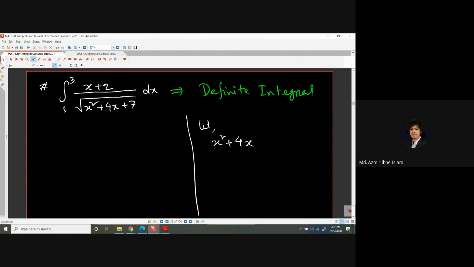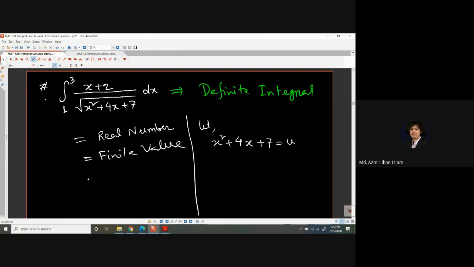So x squared plus 4x plus 7 equal to u. I need to mention here that whenever you are evaluating a definite integral, you will finally get one real number. That means the result will be a real number, or we can say a finite value.